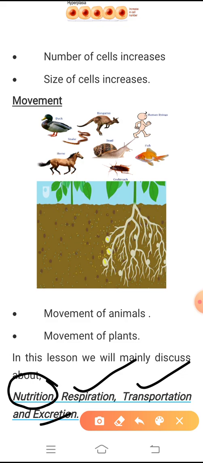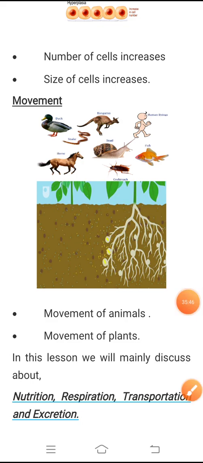The next slide is the continuation of this lesson. Students, do watch the next slide so that you will understand the next concept of this lesson. Hope you all understood the introduction and the concepts which we have discussed in this slide. Thank you.